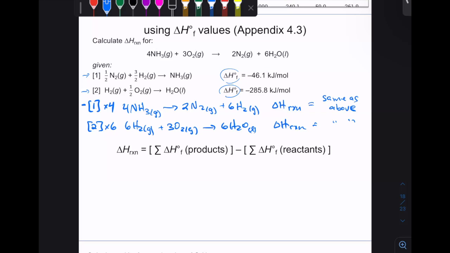But this is basically just doing Hess's law. And let me show you. Right, so notice that what we're doing above is if we're dealing with a reactant, we're reversing the formation reaction.